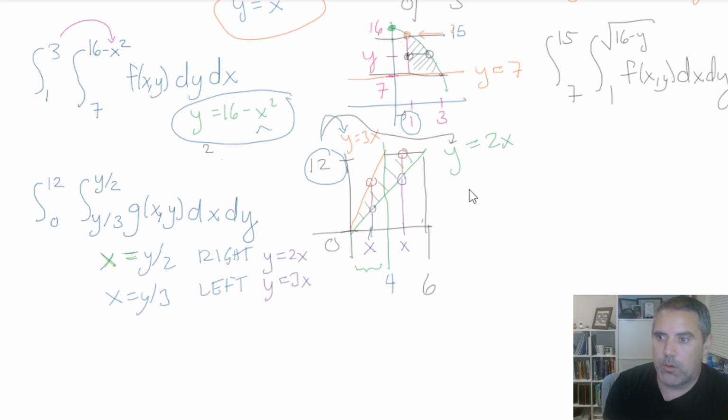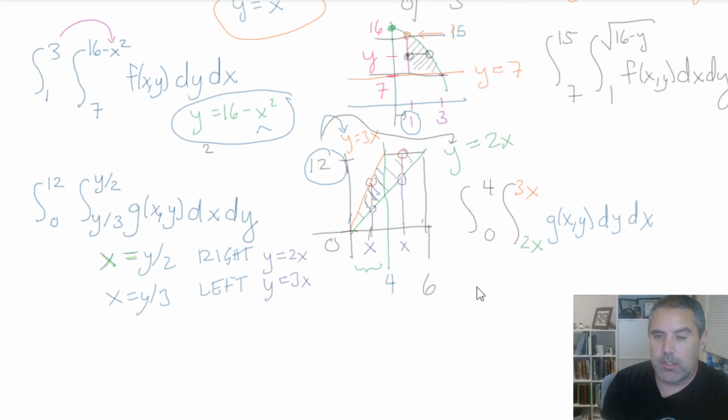Okay, so from 0 to 4, the bottom is, maybe I'll use the colors to really emphasize it. The bottom is 2x and the top is 3x. And what is it? G of xy is what we're calling it. G of xy. And now we did do y dx. And that will find the volume above this stuff.